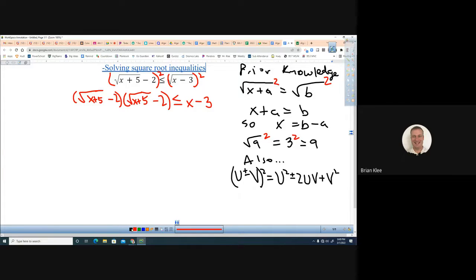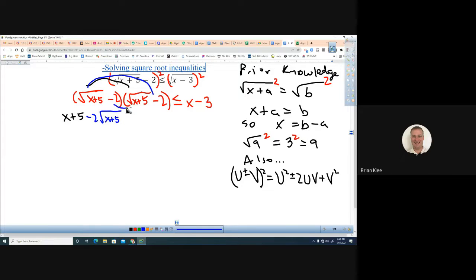So now foiling this, the root x plus 5 times root x plus 5 does exactly what happened on the left side. We're going to end up with x plus 5. Meanwhile, root of x plus 5 times that negative 2, here's our outsides. We're going to have negative 2 root of x plus 5.